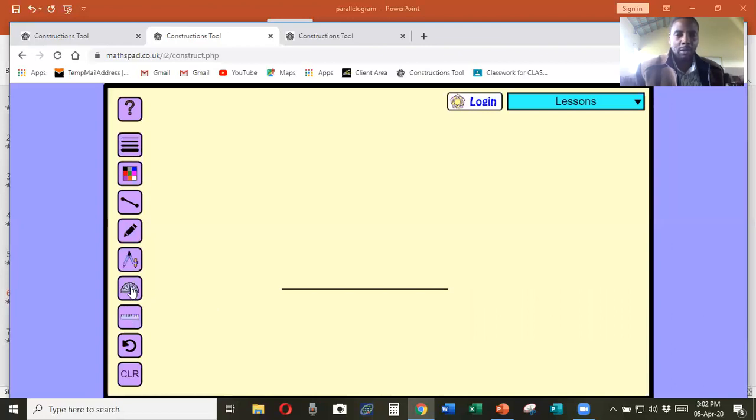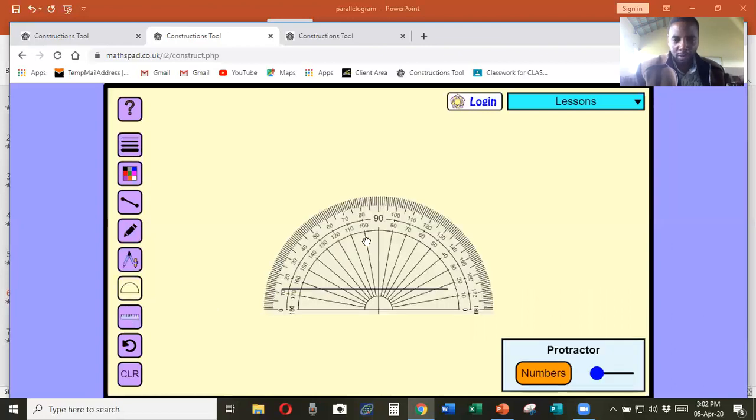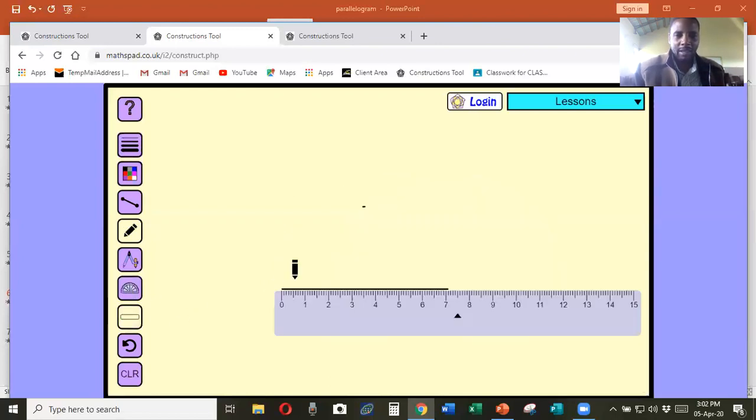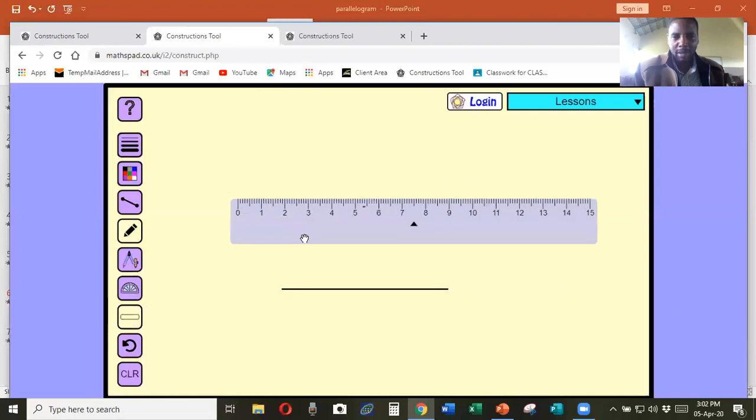So we first take our protractor to measure 45 degrees. Remember, we are using the outer scale here. So if we count from 0, 10, 20, 30, 40, 45 is somewhere there. So we take a pencil and mark where 45 is.